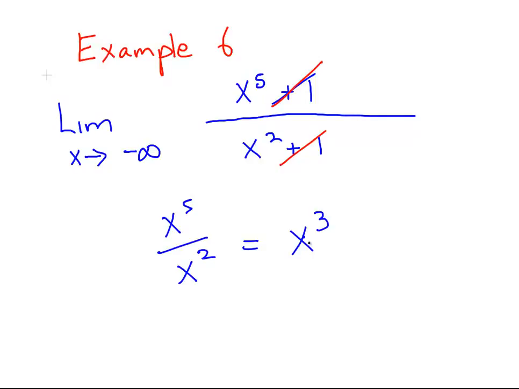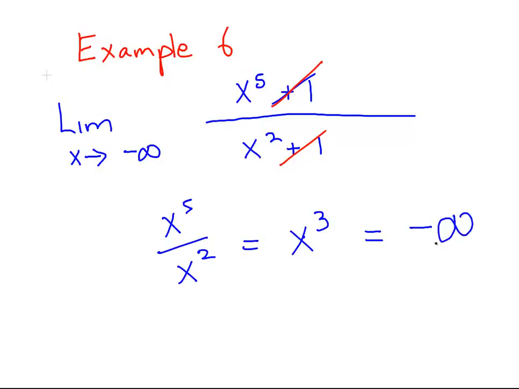So if you have a number that's getting larger and larger in a negative sense, x cubed gets larger and larger in a negative sense. So the limit of this one is minus infinity.